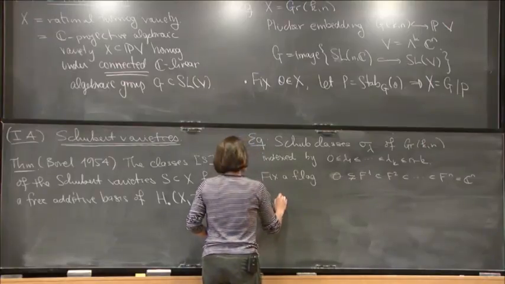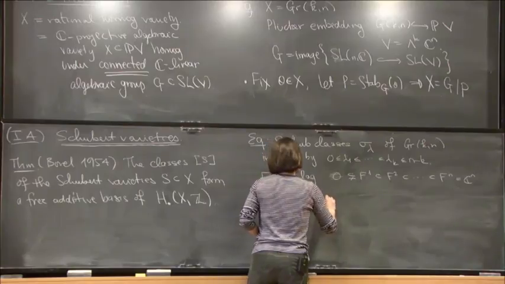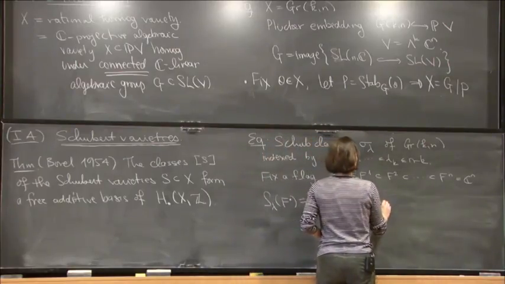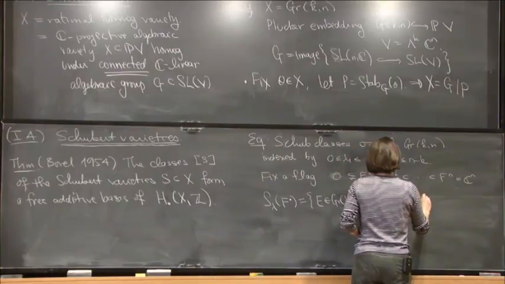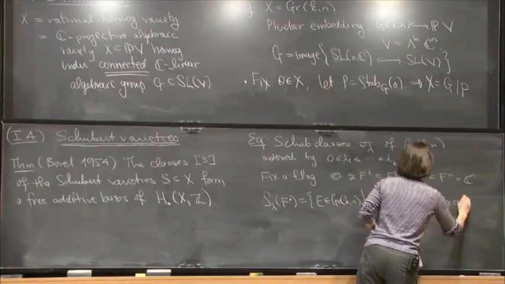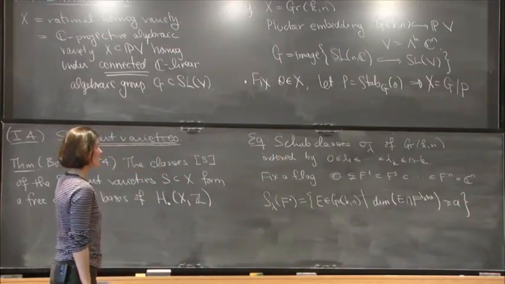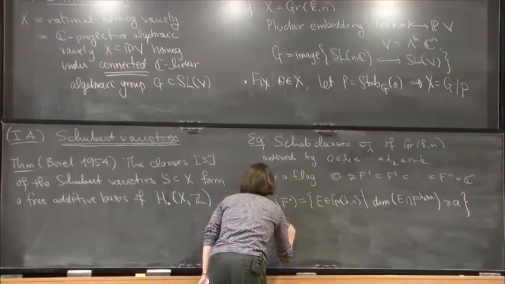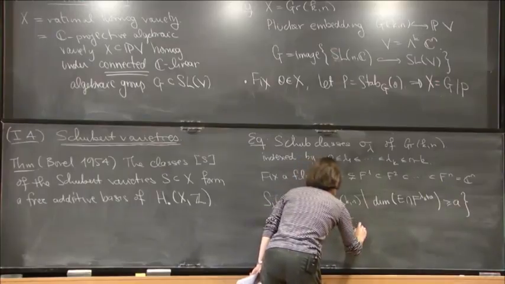And then the corresponding Schubert variety associated to that flag and indexed by lambda is the set of all k-planes with the property that they have this non-generic intersection with F_{n-k+A-lambda_A}, dimension greater than or equal to A. Let me get my indices right. Yeah. For all A from 1 to k. And then the dimension of one of these S lambdas is just the sum of the lambda A's.